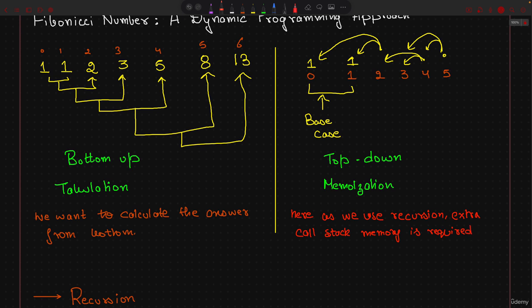Whereas no such dependency or limitation is there in the bottom up approach because we are not using recursion. We are just trying to fill in the answer based on the understanding of our memoization code.